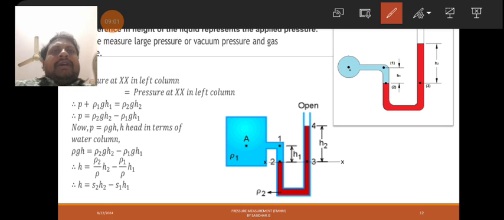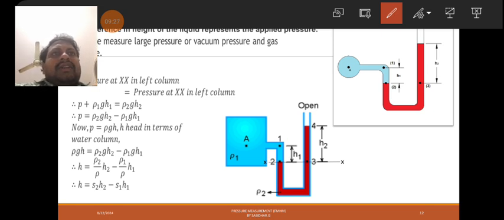The U-tube manometer consists of a glass tube bent in a U shape. One end is connected to point A, where the pressure is to be measured. The other end is open to the atmosphere.